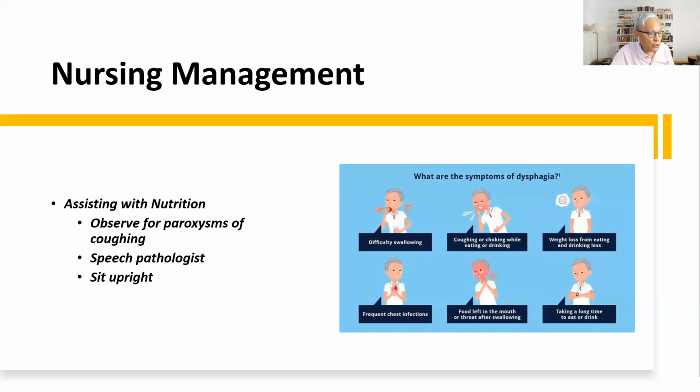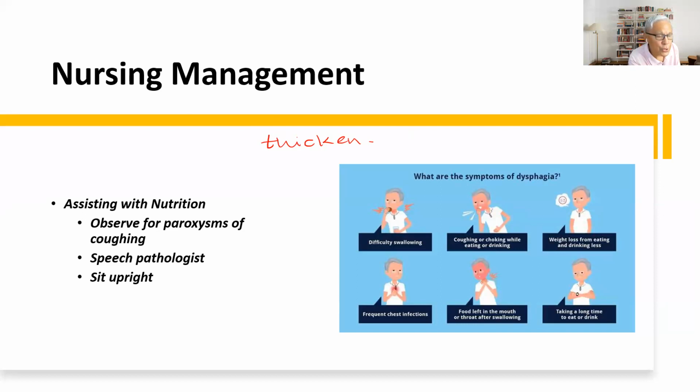And there are interventions, obviously, in order to decrease aspiration. One thing that is going to be important is that we need to thicken fluids. Contrary to belief, liquids are harder to swallow in patients who are compromised.